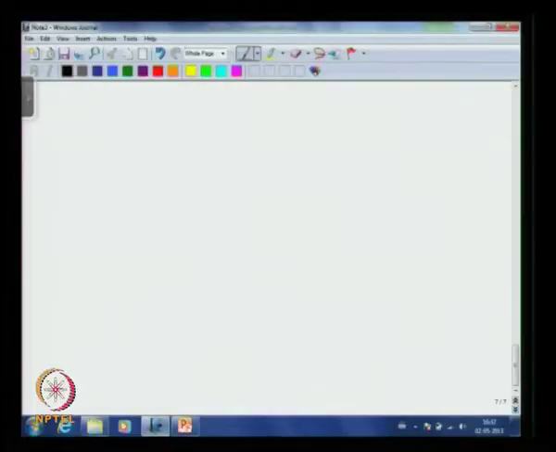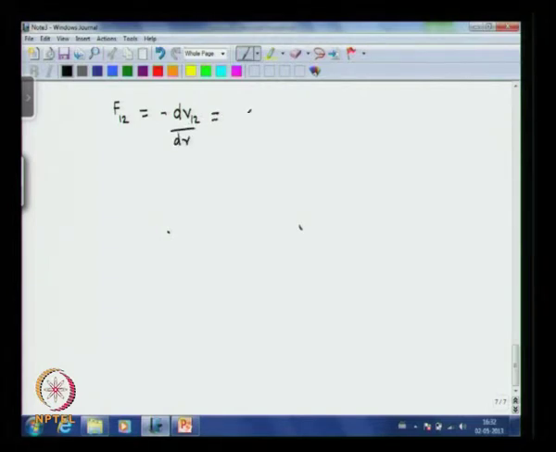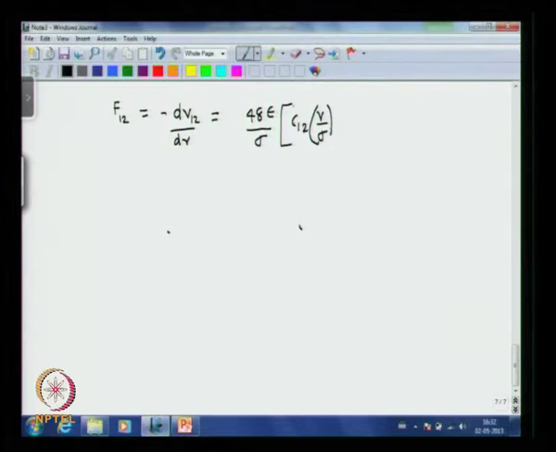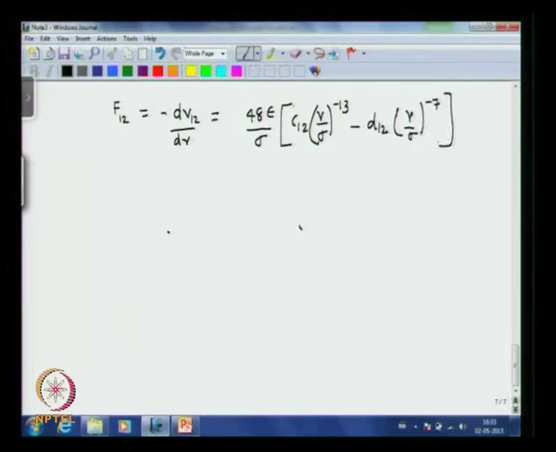So, we can determine the force F12, which is nothing but the differentiation of the potential, dV12 over dr, which is given by 48 epsilon divided by sigma into C12 r over sigma to the power minus 13 minus D12 r over sigma to the power minus 7. Okay.